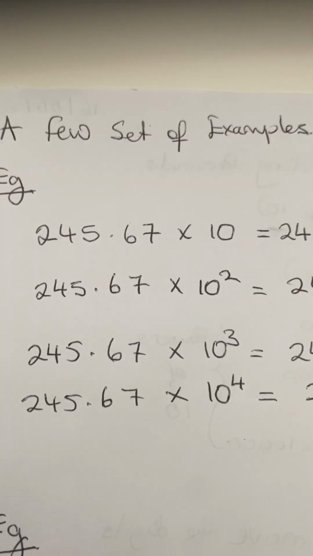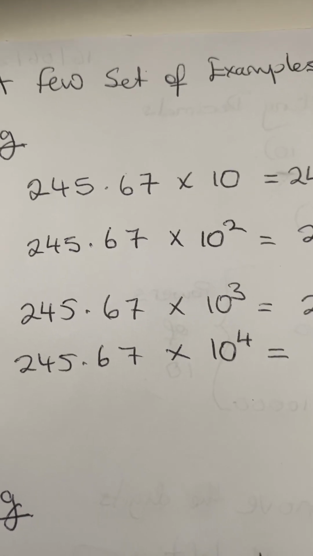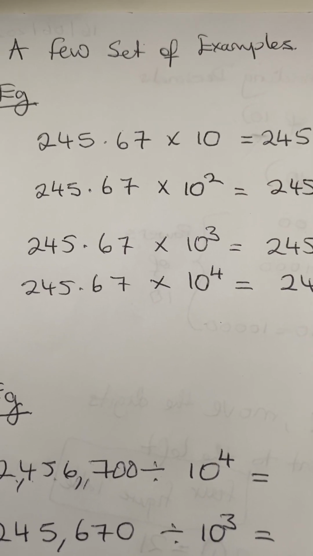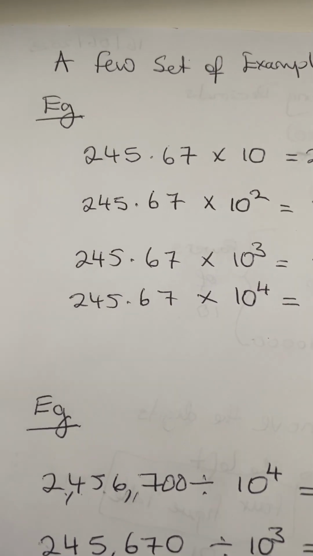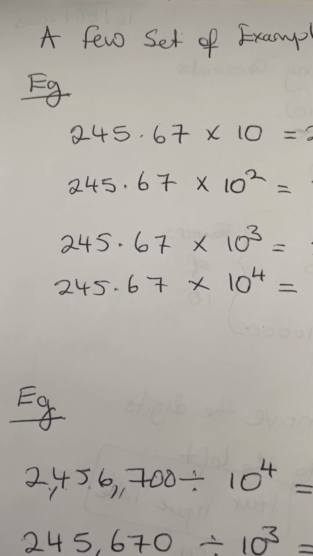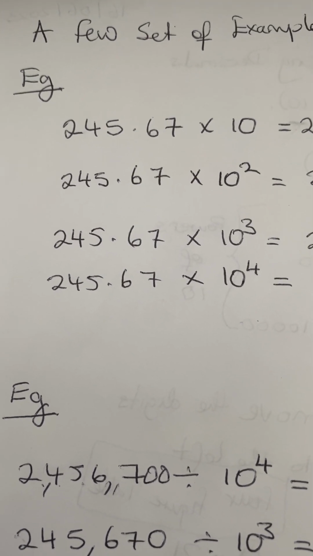Okay, I'll give you a full set of examples quickly, and then we'll round up the lesson. So I'm going to use one number and just try and show you how to do it.